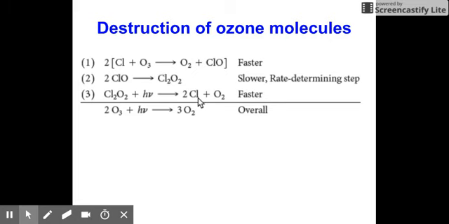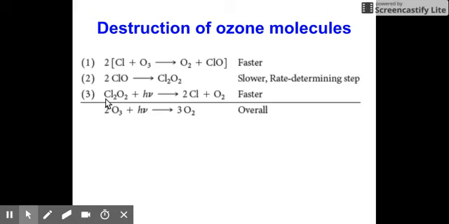So if you're looking at this reaction and at what you can cancel, you see that your ClO gets canceled, and your Cl₂O₂ gets canceled as well. So in this case, your ClO and your Cl₂O₂ will be considered the intermediate products because these were temporarily formed.